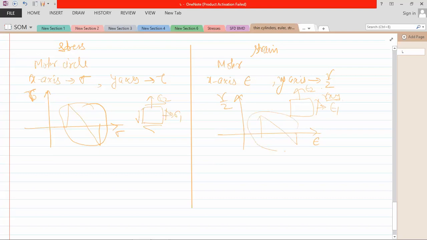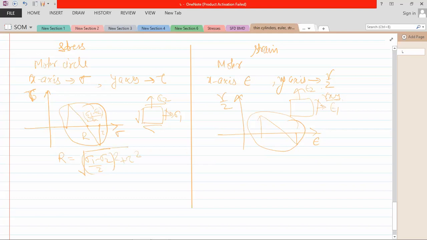Now if you obtain the radius, this is your sigma 2 and this is your sigma 1, so this value is sigma 1 minus sigma 2 by 2, and this value is tau. So your radius is the square root of sigma 1 minus sigma 2 by 2 whole square plus tau square.